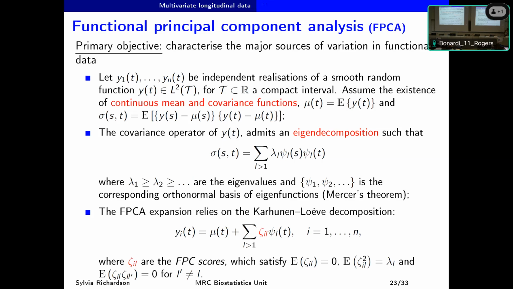So what's called the functional PCA expansion models the track as a mean plus a sum of these eigenfunctions, very similar to a matrix, which you could write as a sum of eigenvalue times eigenvector. But this is a function, and these are the scores of the particular individual i, which say what's the importance of the eigenfunction l.